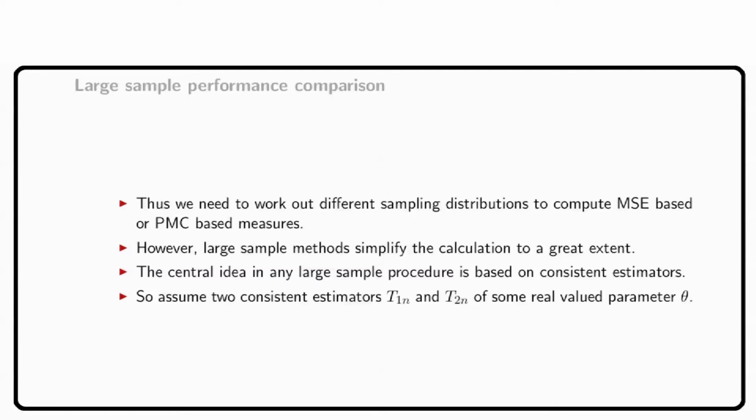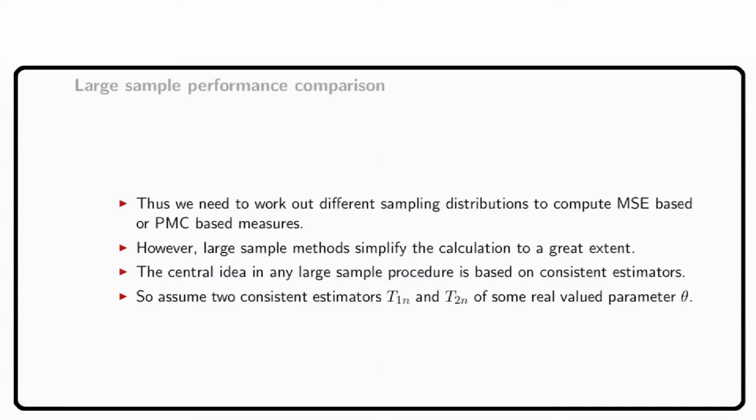We assume that there are two consistent estimators T1n and T2n of some real valued parameter theta, and it means that T1n converges to theta in probability, and at the same time T2n converges to theta in probability. Sometimes it may go to theta almost surely.